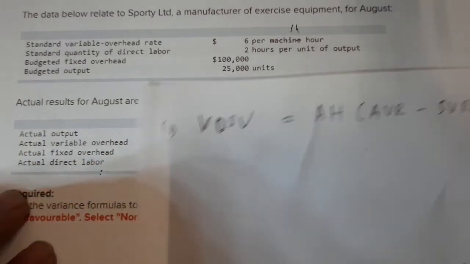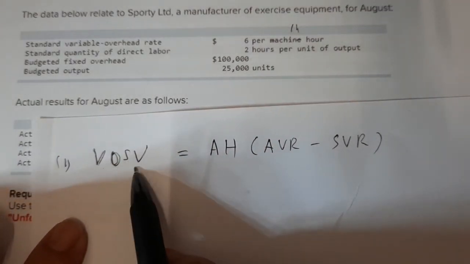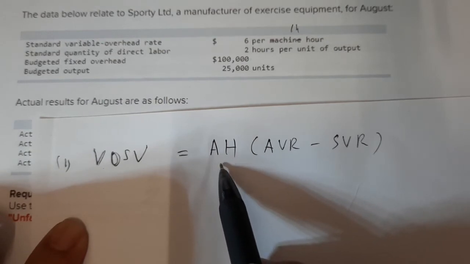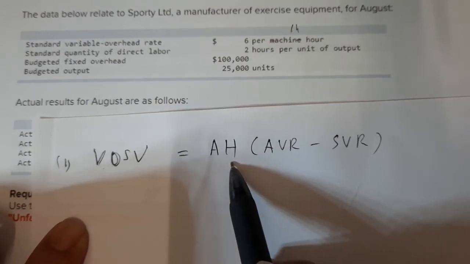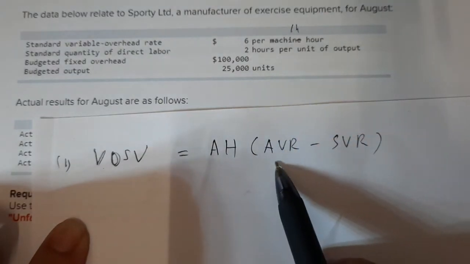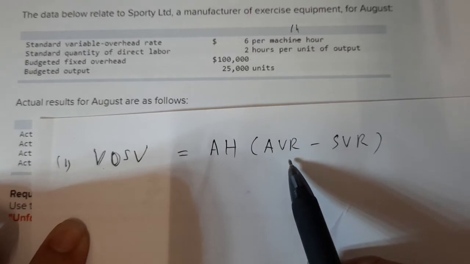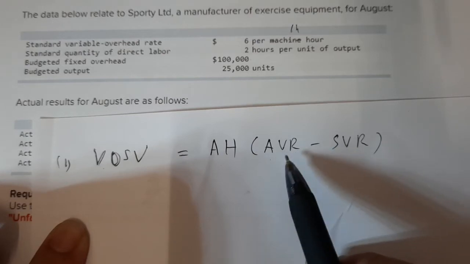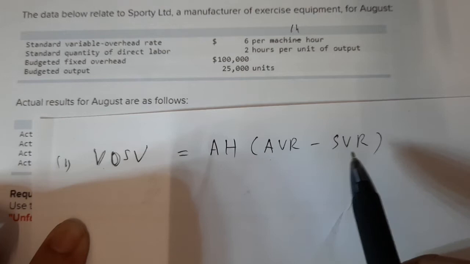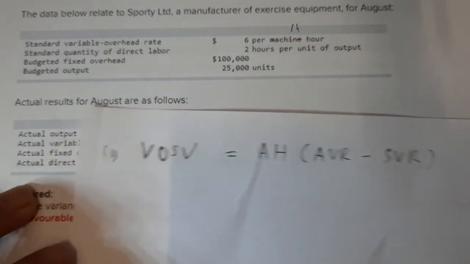To calculate the variable overhead spending variance, you have to use this formula. Variable overhead spending variance equals actual hours, in this situation the actual labor hours, times the actual variable overhead rate minus the standard variable overhead rate. So now we do this.